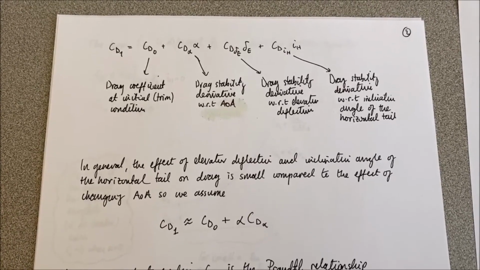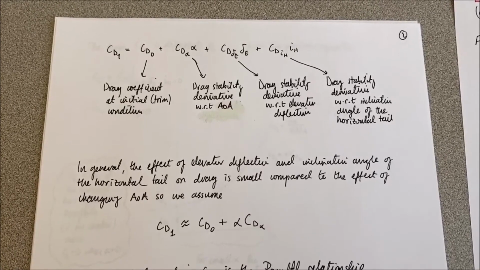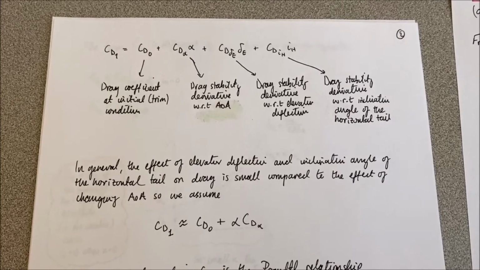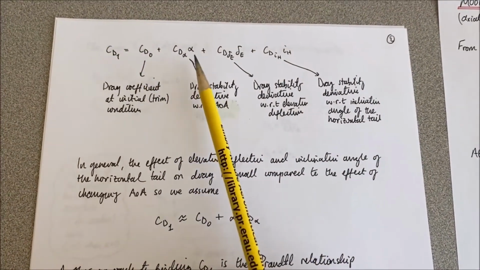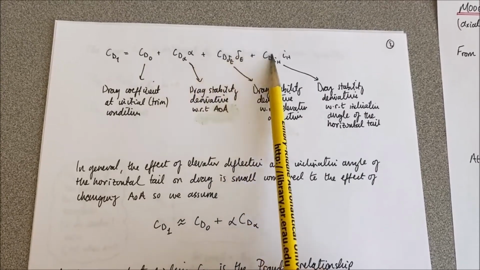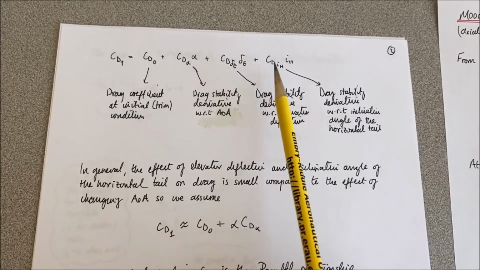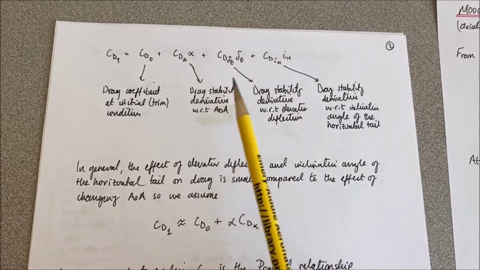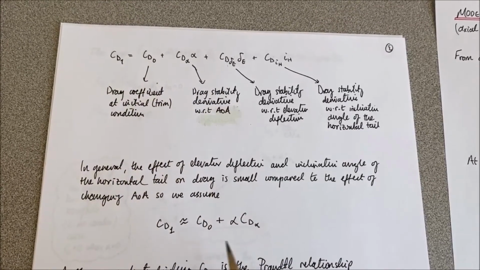But the effect of doing that is much smaller than the effect on drag if we change the angle of attack. So because we assume that these two are small compared to this one, we assume that these are negligible and remove them from the equation. So we're just left with these two terms on the right hand side.